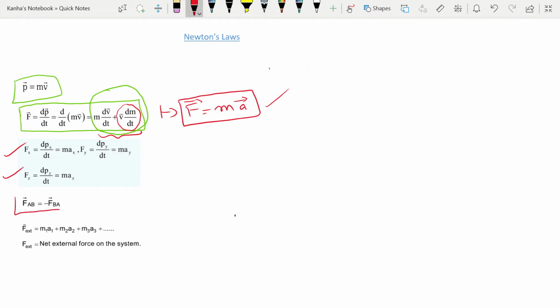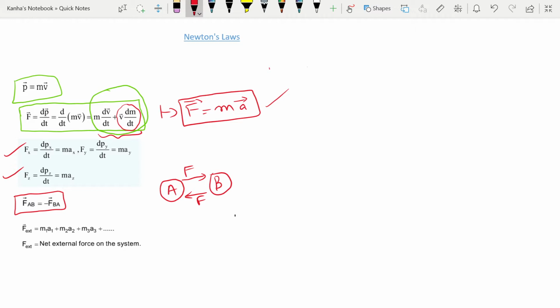Now Newton's third law says that force that one body applies on another is equal and opposite to that it experiences from the other body. What this means is, if I have a body A and a body B, the force that I am applying on this is equal to the force that I am getting back from B. This will be used many times in the questions or in the entire theory in general.